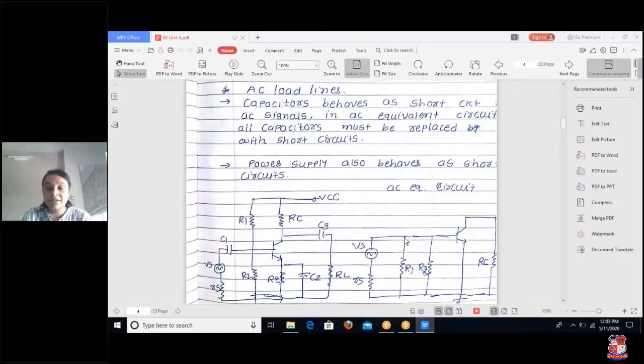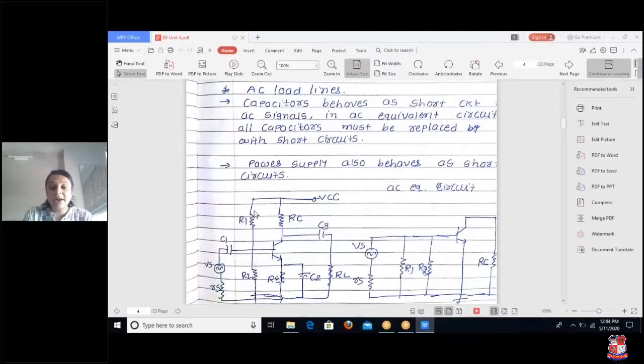There is no connection in between the components, right? So here the capacitor is not shown, the line is directly connected. Okay, now what happened next?